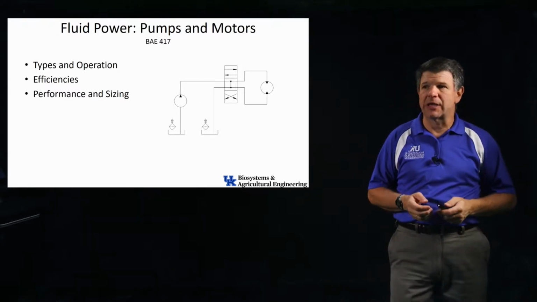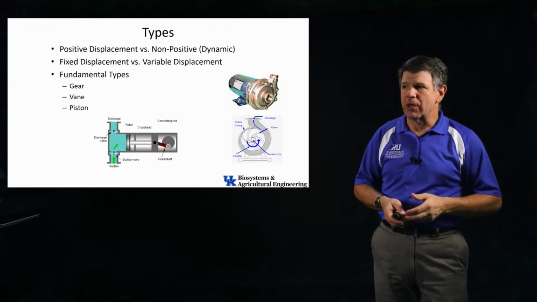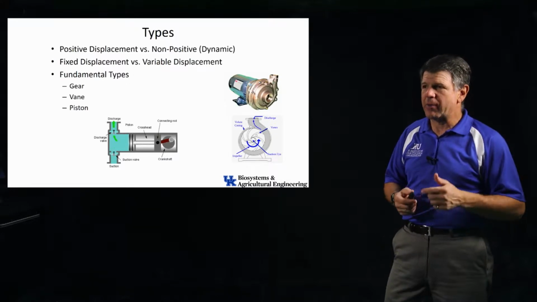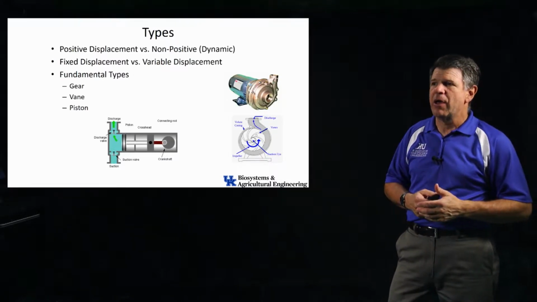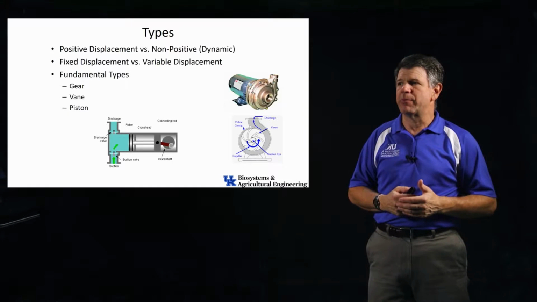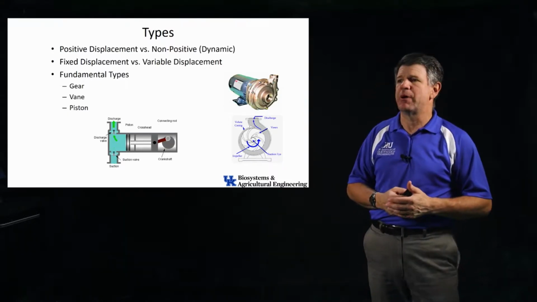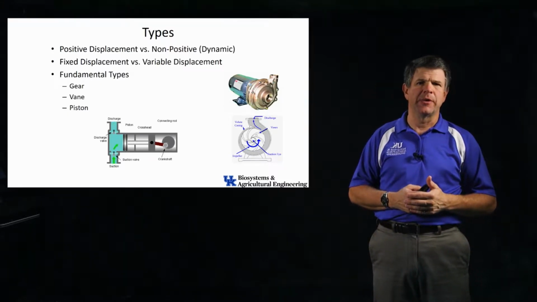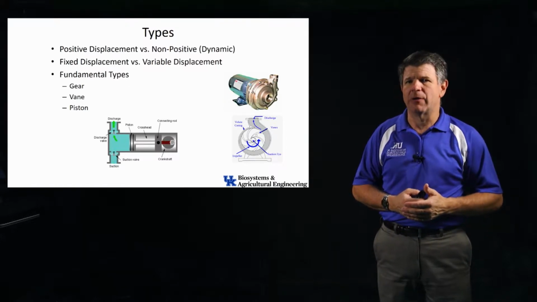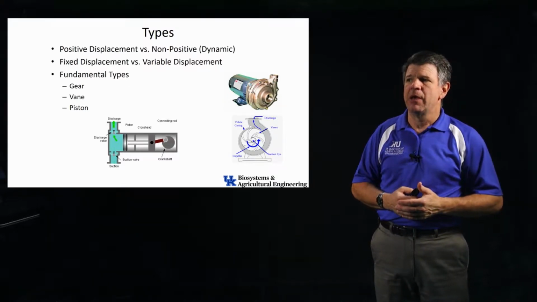All right, so let's look at some different types, and we're going to talk about a number of different things here. But first of all, the basic distinction of any type of pump is the difference between a positive displacement pump and a non-positive displacement pump. Almost everything we do in fluid power is a positive displacement pump.